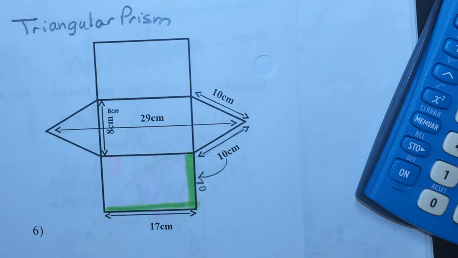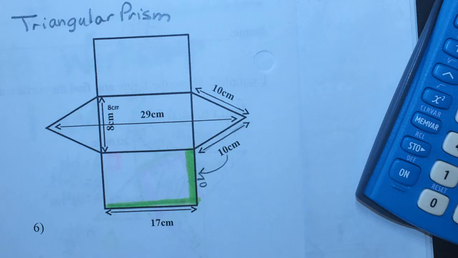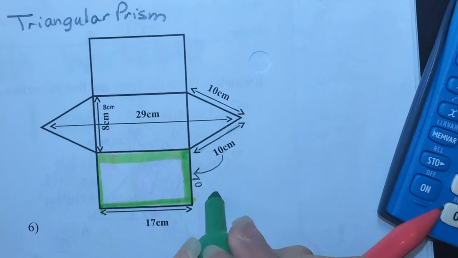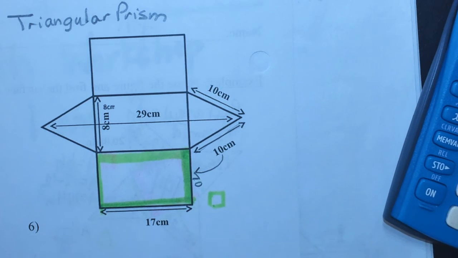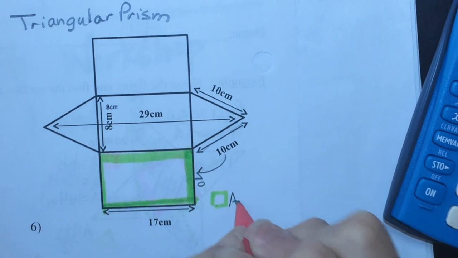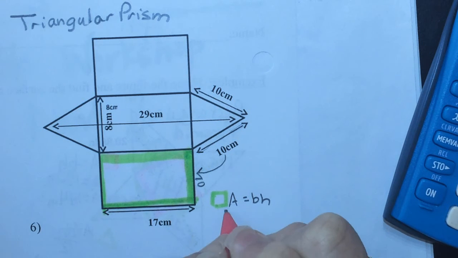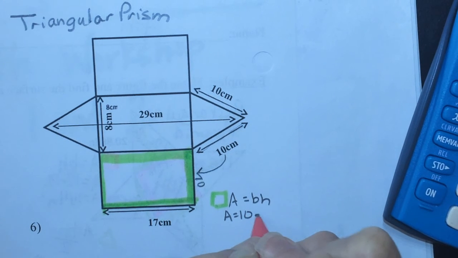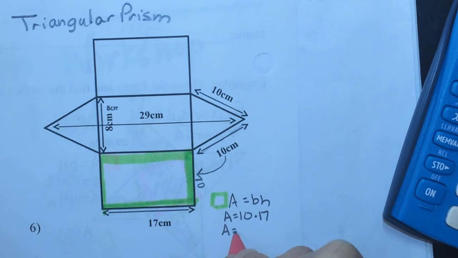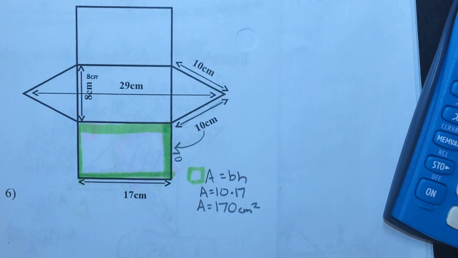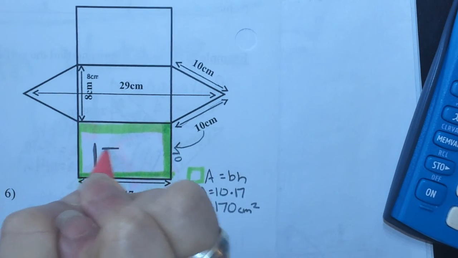So, the green rectangle, okay, so just the green rectangle I got is 170.